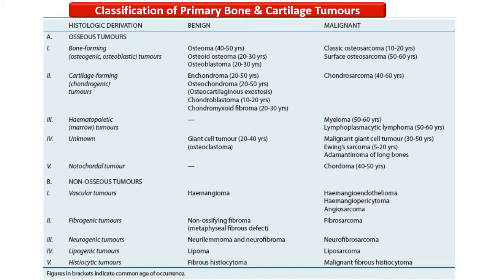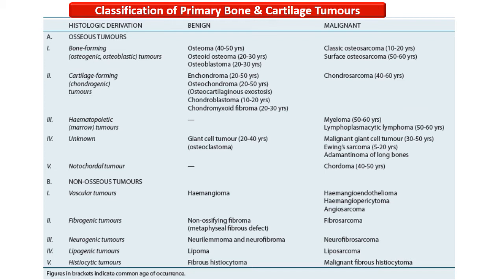lymphoplasmacytic lymphoma. For the tumors which have unknown etiology, the benign counterpart is giant cell tumor or osteoclastoma, while the malignant counterparts are Ewing sarcoma and adamantinoma. Then the malignant tumor arising from the notochord is chordoma.